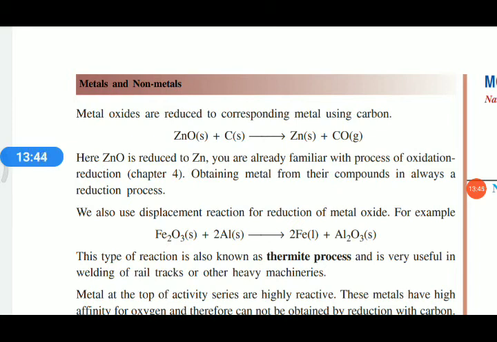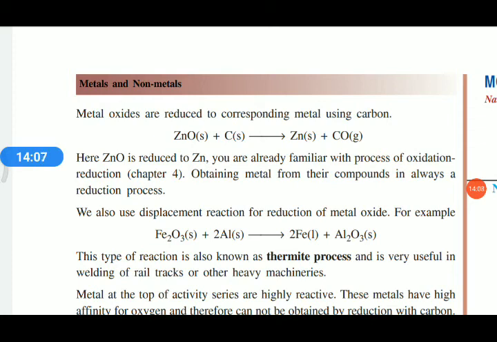We can do another reaction for reducing metal from its oxide. For example, a displacement reaction: Fe2O3, iron oxide, plus 2Al gives 2Fe plus Al2O3. This is also another reduction reaction.